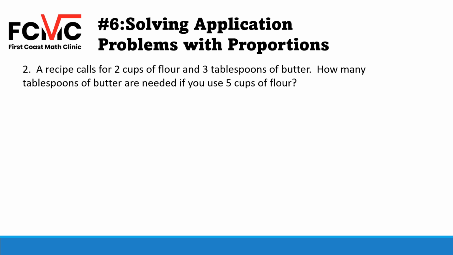So let's look at the information that we're given. We know that 2 cups of flour and 3 tablespoons of butter are going to be our starting ratio. So we've got 2 cups to 3 tablespoons.